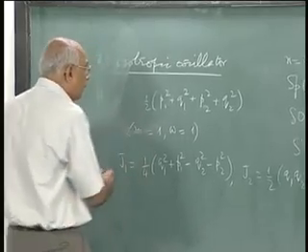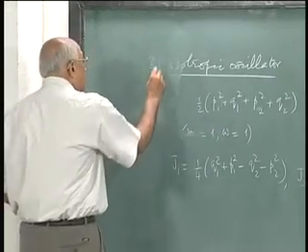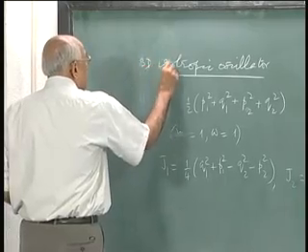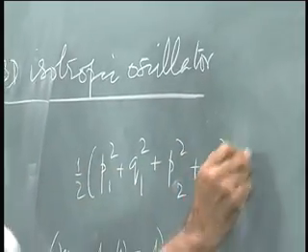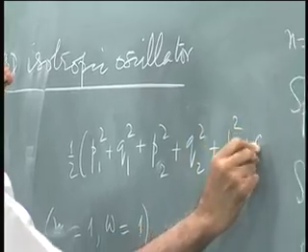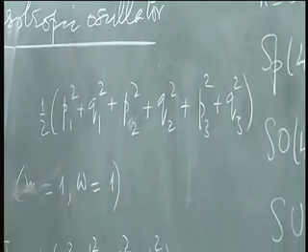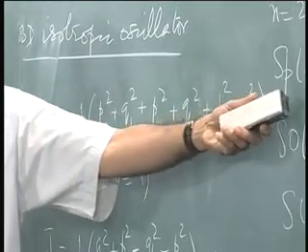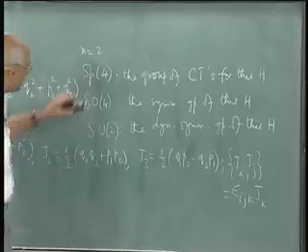I should mention, by the way, just as a matter of mention, the 3-dimensional isotropic oscillator in 3D would mean this. What would this be replaced by? SP6.